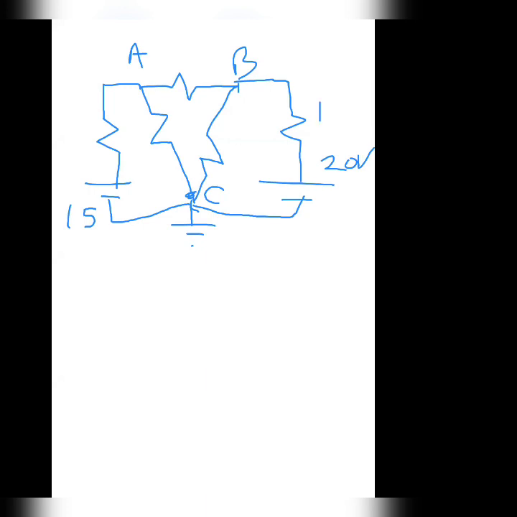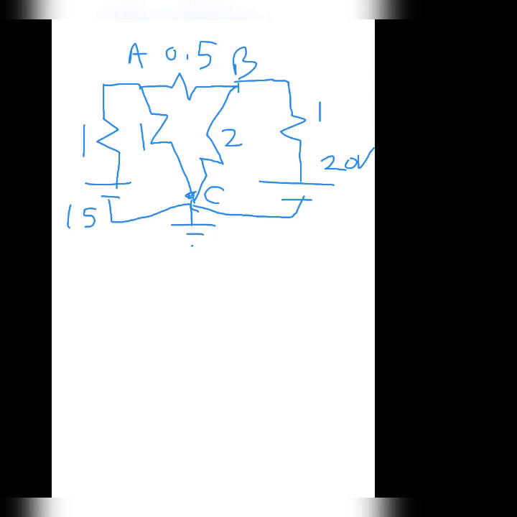For example, let this be 1, so it is 1 ohm, and say this is 0.5 ohms. Say this is 1 ohm, this is 2 ohm, so again 1 ohm.